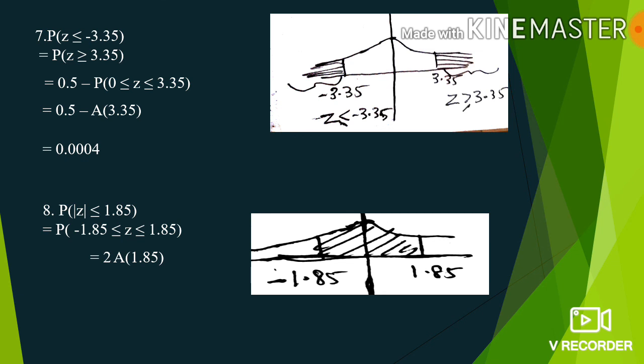A of 1.85 plus A of 1.85 is 2 times, which is 0.9356. That is how to find the value of P of Z less than, greater than, or between for different values of Z, whether negative, positive, etc.